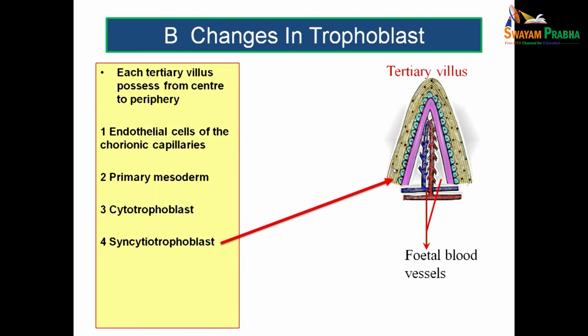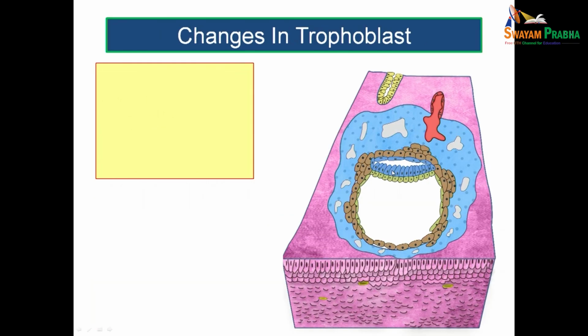So, these are the different layers when you look from center to periphery at a tertiary villus: the endothelial cells of the chorionic capillaries, then the primary mesoderm, then the cytotrophoblast, followed by the syncytial trophoblast.